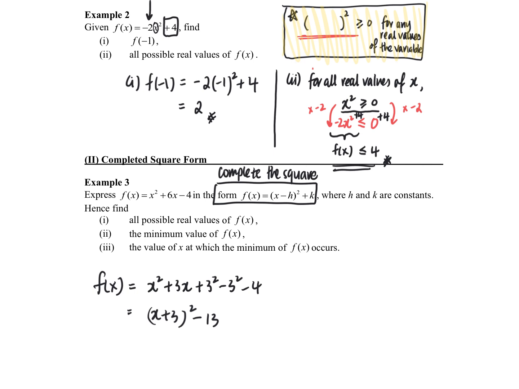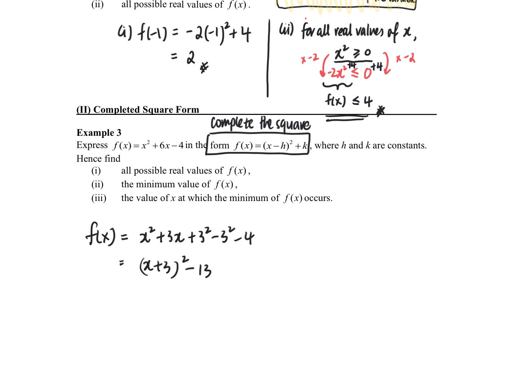In fact, once you can complete the square, then you should be able to get all the other parts that they want you to do. So for all possible real values of f of x, you start from the bracket square. So always write this: for all real values of x.